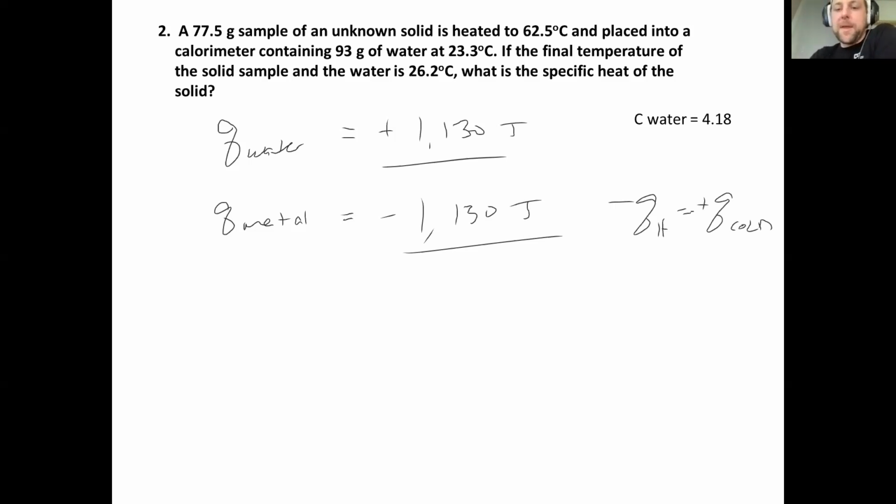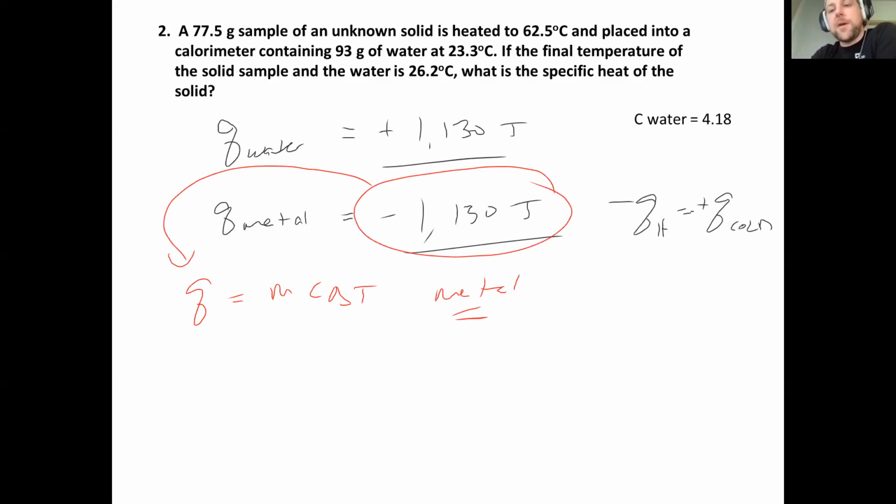So let's go back and solve for the C value of the metal, MC delta T. This is going to be for the metal now, where we are using the answer from our first calculation as the Q value. Because it's negative, that's going to make sure that the negatives cancel out. We don't want negative values for our C value.